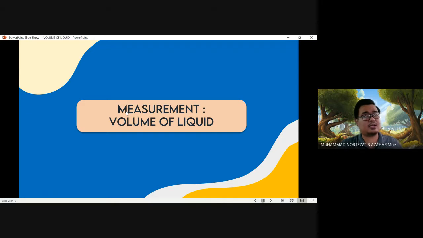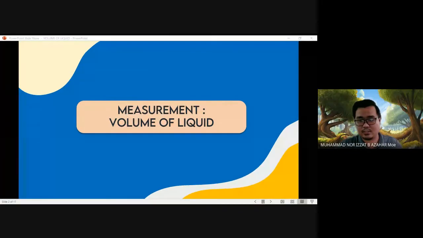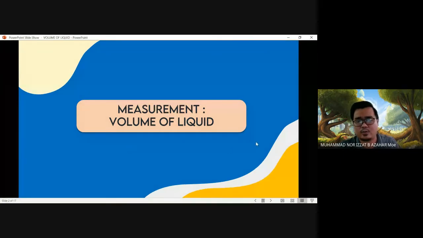Kita nak mengira volume yang kita gunakan cube. We use cube to measure the hollow boxes. Now we are going to learn how to measure volume, isi padu, volume of liquid, cecair.